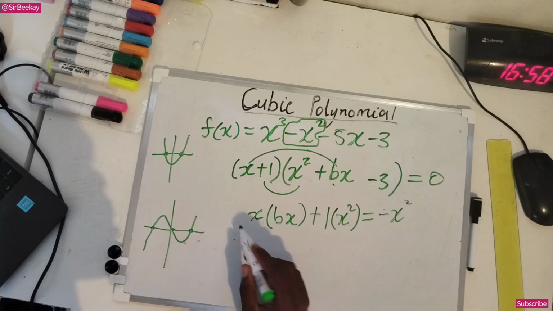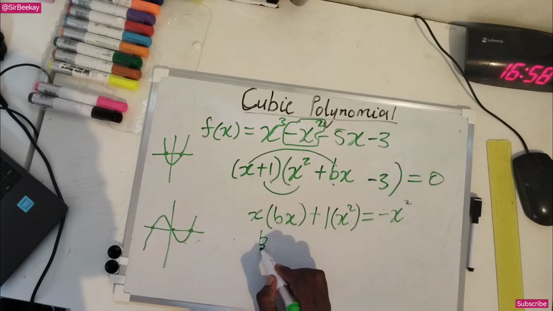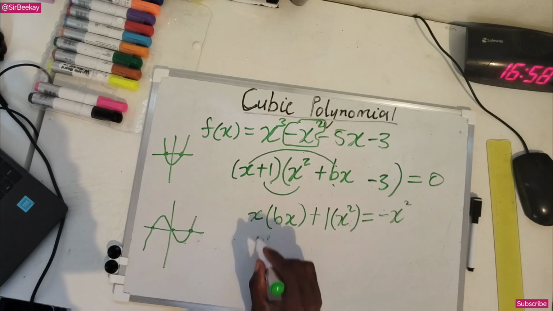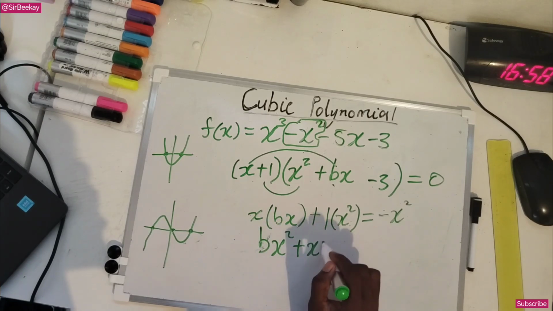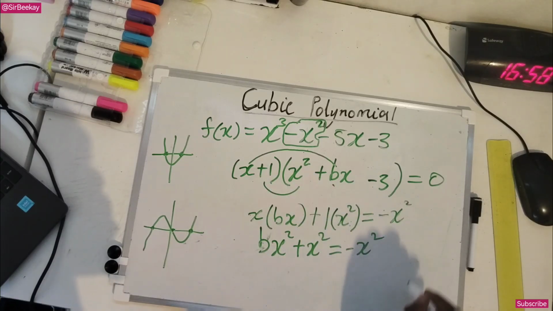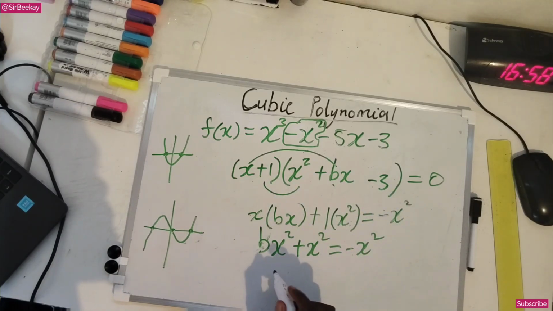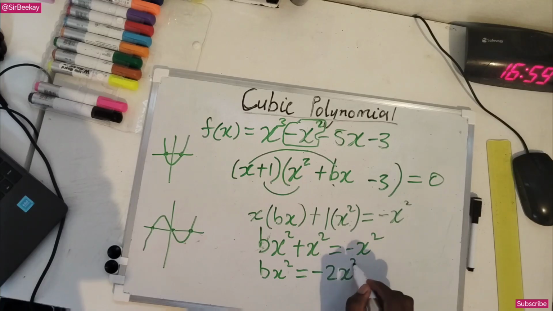For me to get the value of b, I must solve this. I'm going to get bx squared plus x squared equals minus x squared. Then I take the x squared to the other side. bx squared equals minus 2x squared.